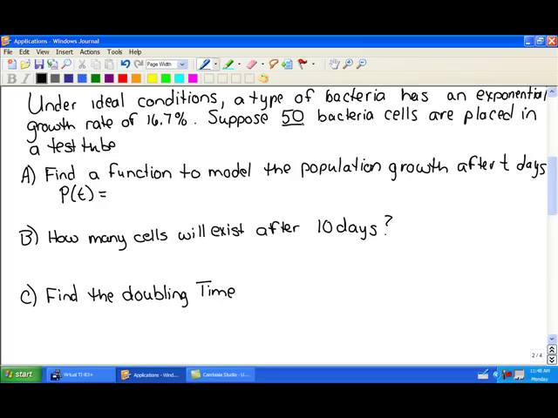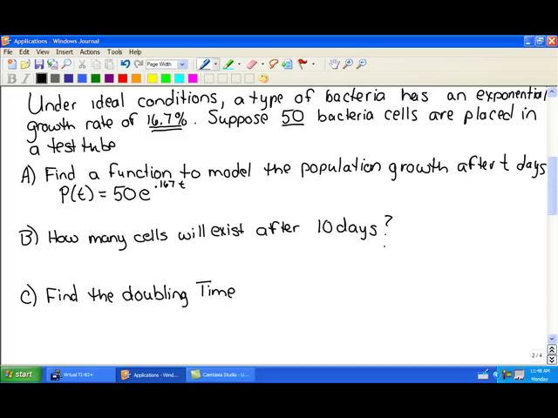The initial population is going to be 50 of those bacteria cells times our new number e raised to the kt power. The k, or the growth rate, is going to be 16.7%. So in decimal form, that's going to be 0.167 times our t. That would be the actual formula we'd use for this problem.